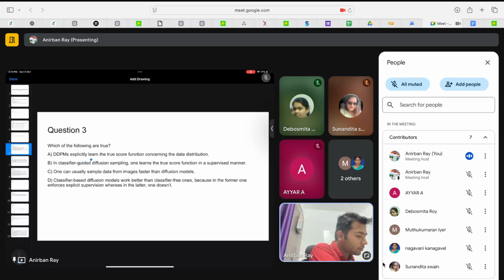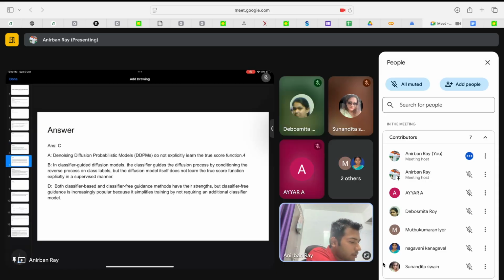DDPM explicitly learns the true score function with respect to the data distribution. We haven't seen this one, score and guidance. Okay, we can do it in the next class. It does not explicitly learn, so that is why it is a topic.